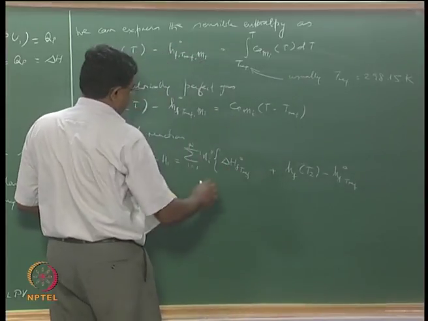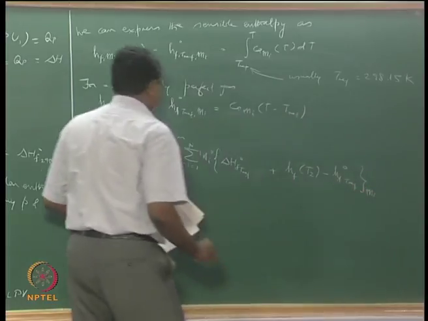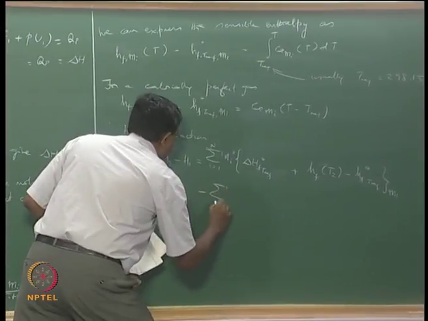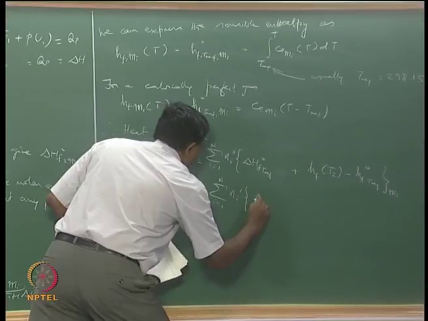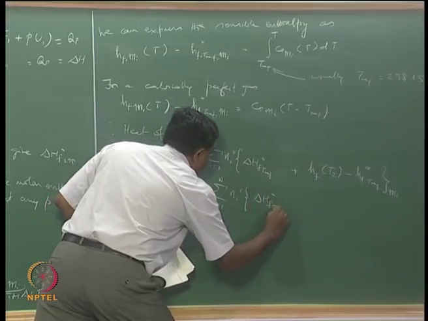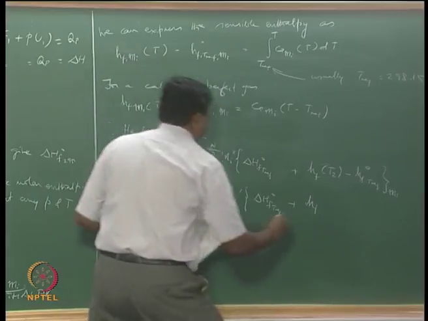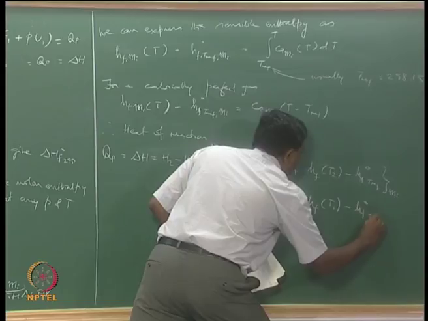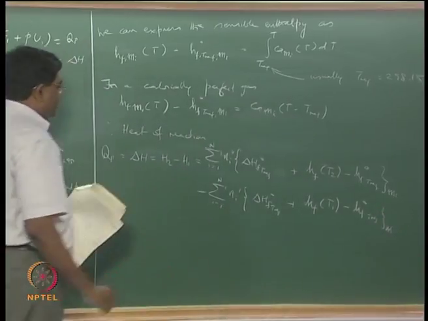Take that back a little bit, so you could write combinedly for this, for each species M_i, minus the sum over i equals 1 to n of N_i single prime delta h_f^0(T_ref) plus h_f(T1) minus h_f^0(T_ref) for species M_i, right.